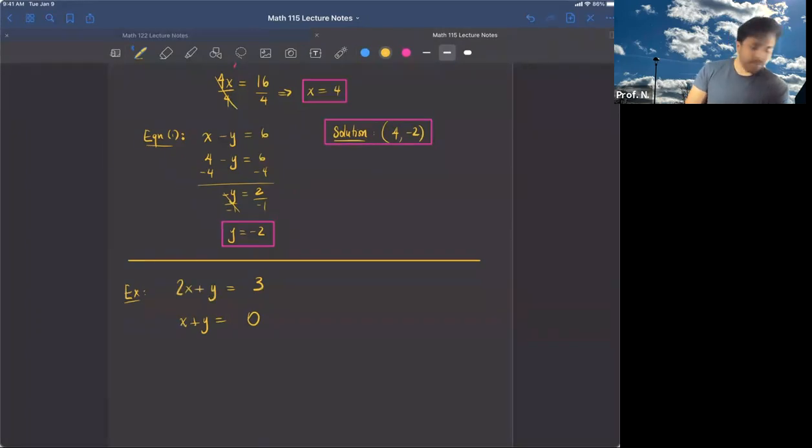Yeah, this example is no good because I want to show you an example where the substitution method seems to be not as useful.